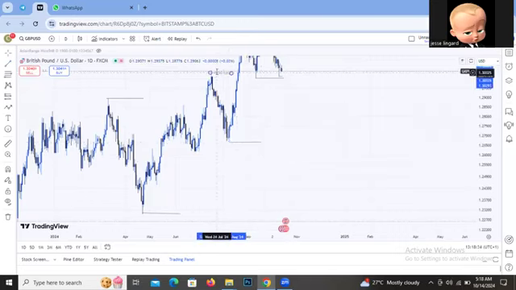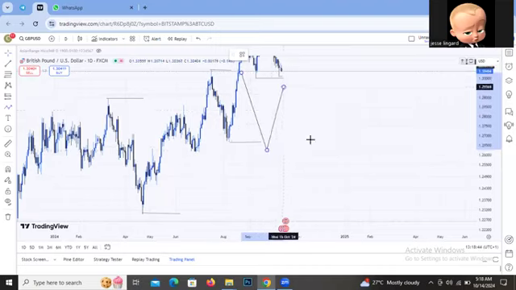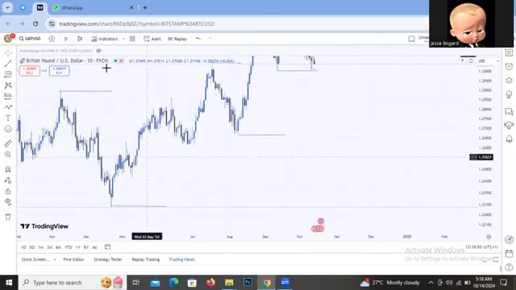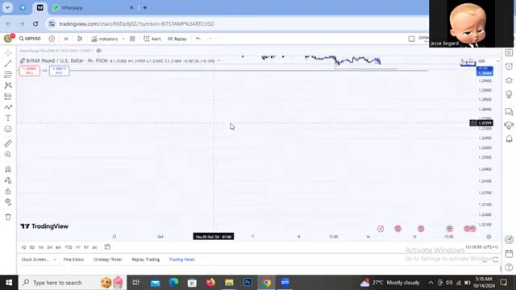So these are the external structures that I marked out. When the market comes back now and sweeps this low, this is a major change of character, a major market structure shift. But inside these external structures, I can show you many changes of character, which is actually dangerous. Let me show you.